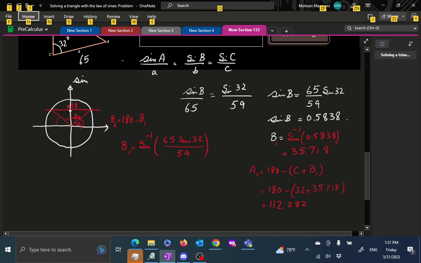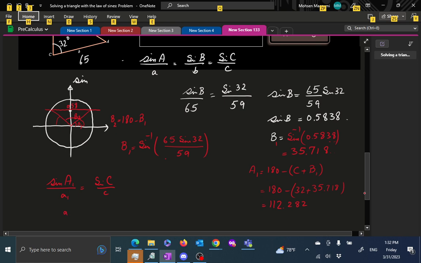And then once you have these, you can go and find little a as well. So now we have sine of A over a is equal to sine of C over little c. So I have my A, let's call it A1 that we called here, and then I'm going to get the corresponding length here, let's call it little a1.